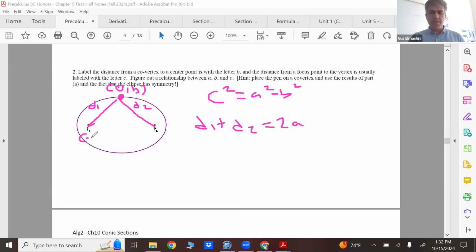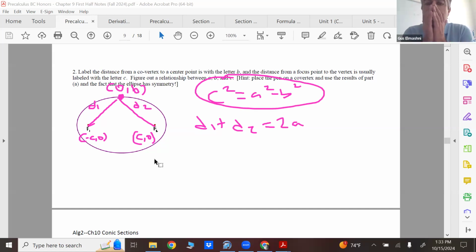Remember, that's (-c, 0). If you actually go through the calculation and work it out, you'd wind up getting this. I'm not going to go through it again, but you would get that if you worked it out. So c squared equals a squared minus b squared.